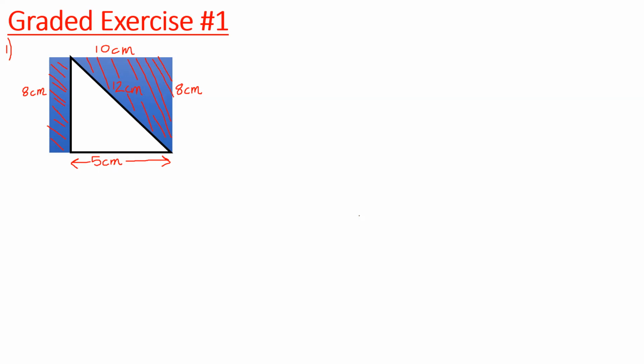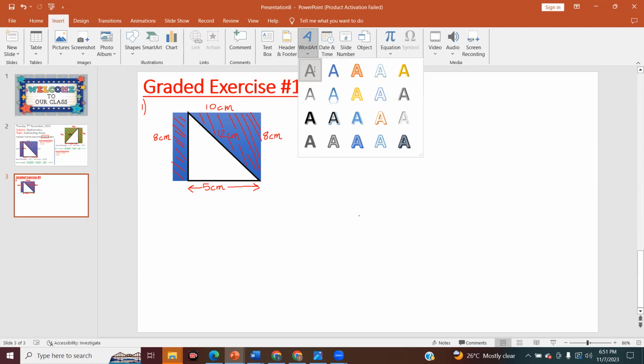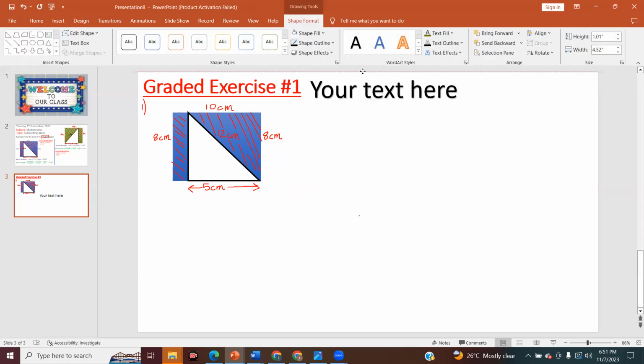All right. Now, what I should mention is that the instructions are to find the area of the shaded region. So let me put that down. Find the area of the shaded region.